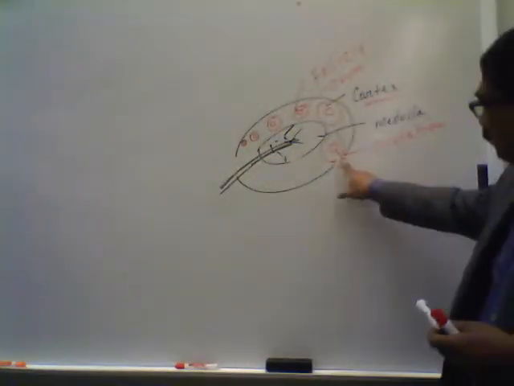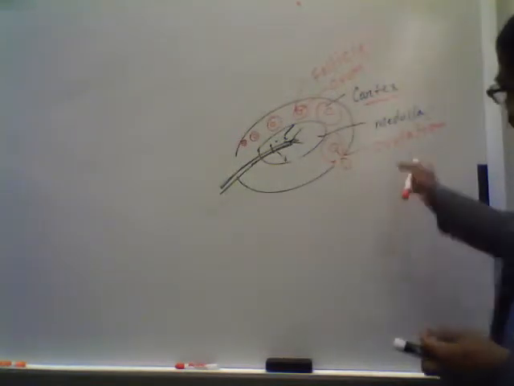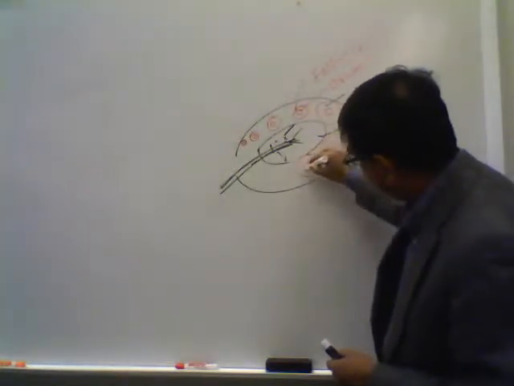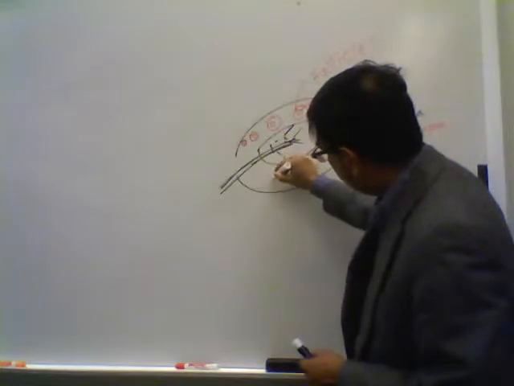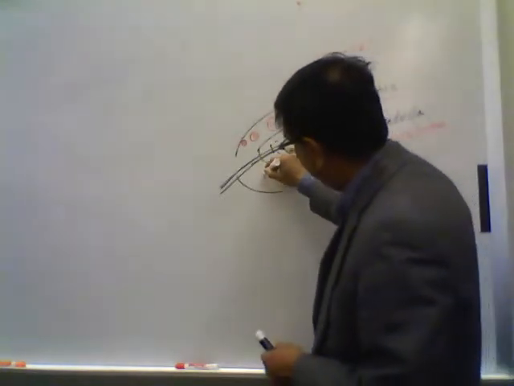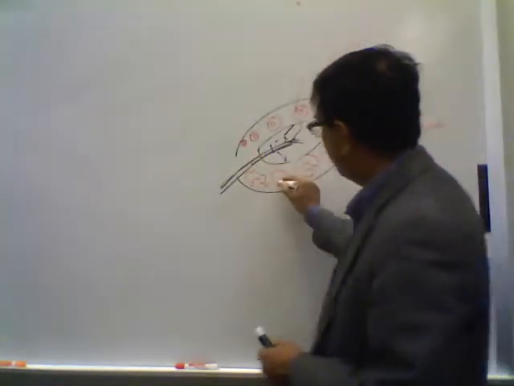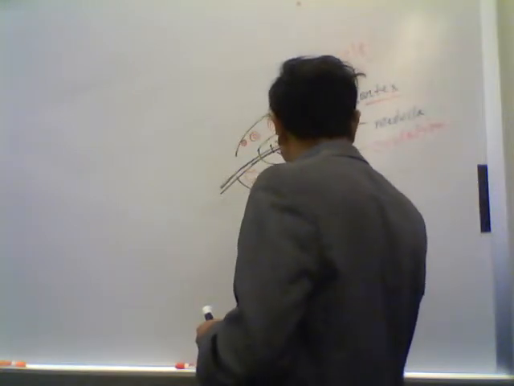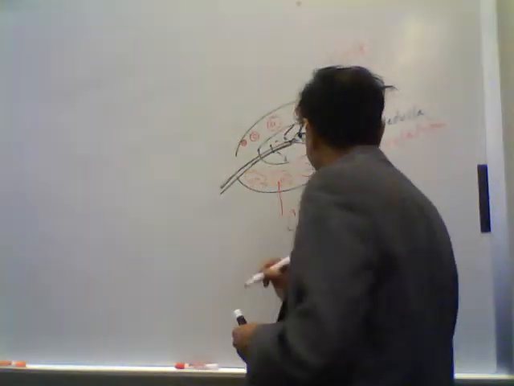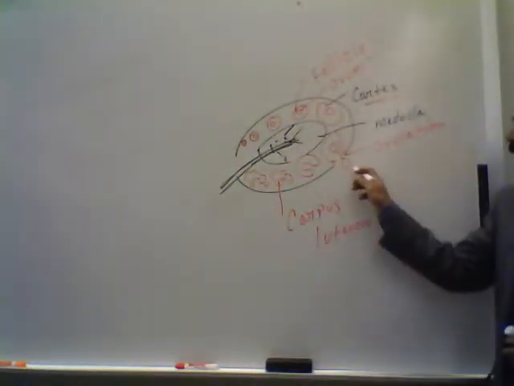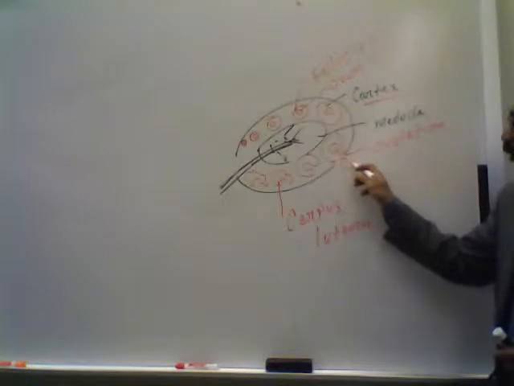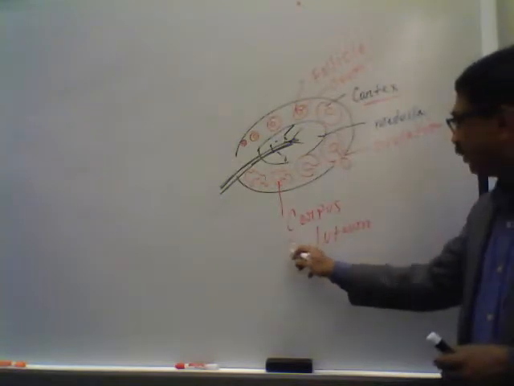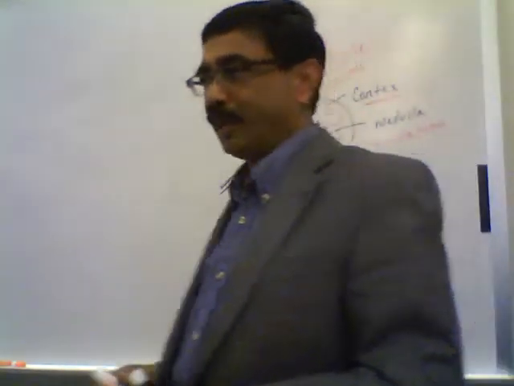So this is the ovulation, and then after the ovulation, what happens? The rest part of the Graafian follicle stays there and becomes the corpus luteum. So after the rupture of the follicle, the ovum gets out, but the remaining part of the follicle becomes corpus luteum.